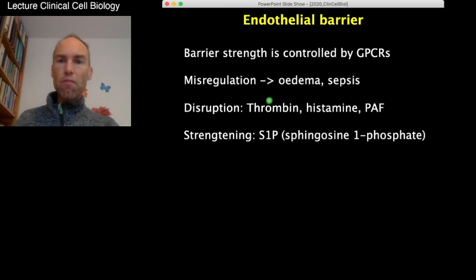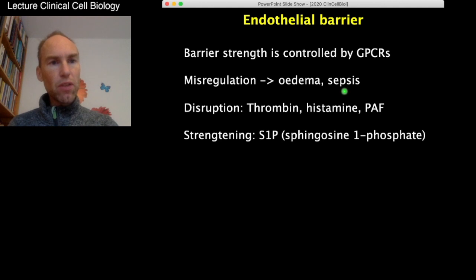And in case of misregulation, this may lead to edema and sepsis. What can happen if the endothelial barrier is activated under disease conditions is that there will be holes in this endothelial barrier, and the barrier function is no longer intact, and this leads to all kinds of problems.